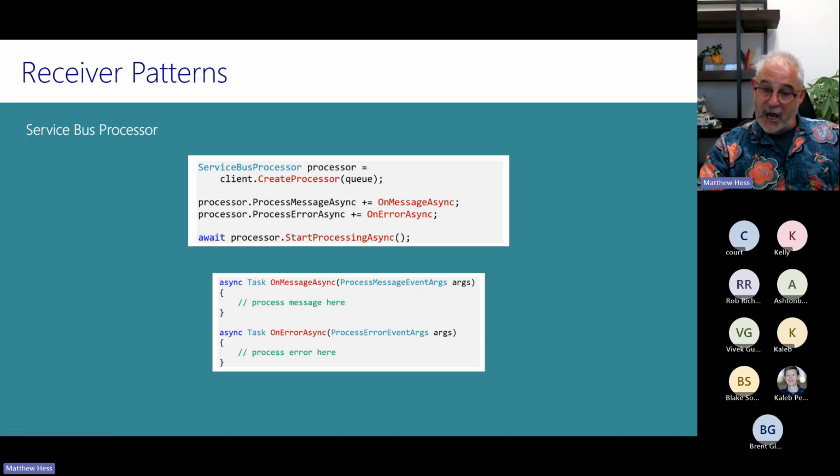So if you're using peek locks, on message it will call receiver.CompleteMessageAsync for you right here, and the error one will call receiver.AbandonMessageAsync for you as it exits. This is very nice and elegant and hides away a lot of the complexity.